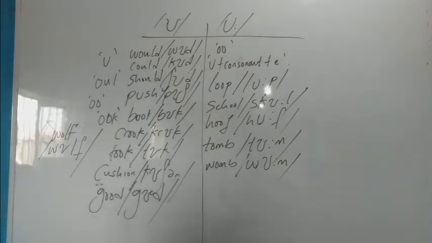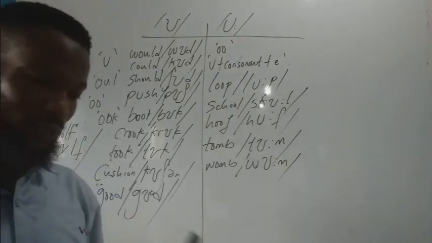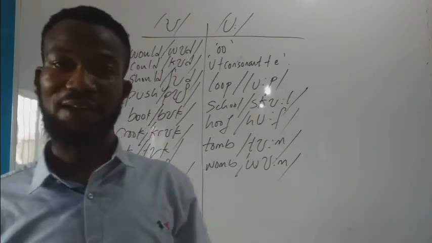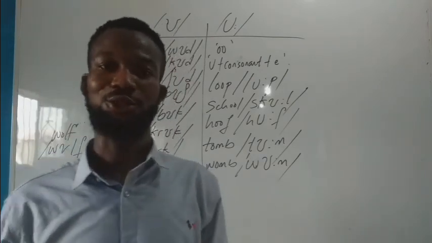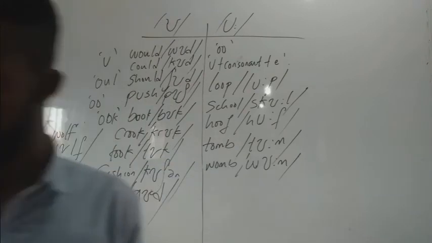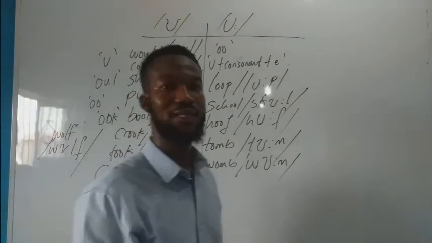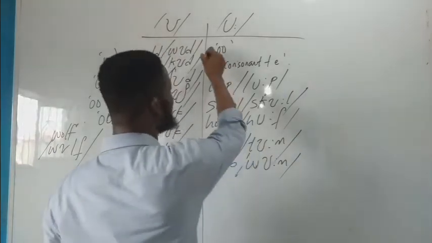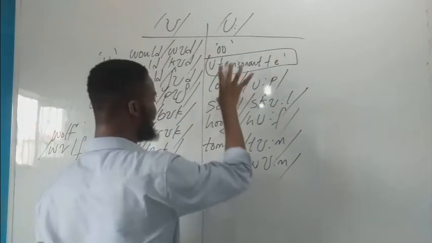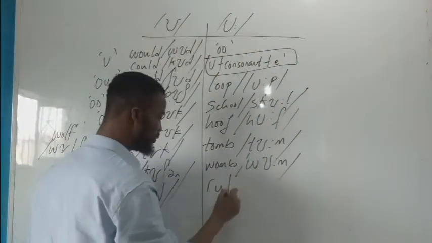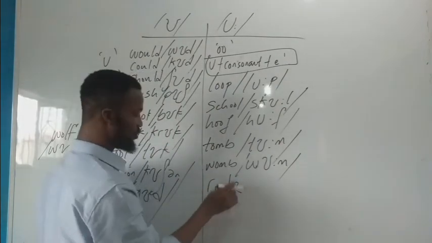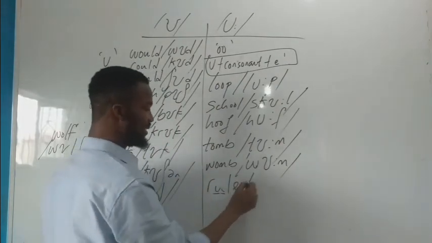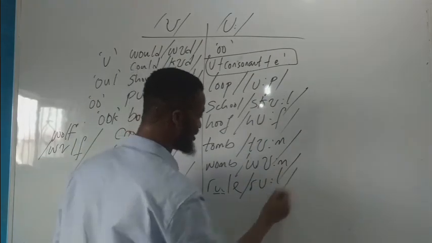When we look at a few questions, you'll be able to understand how to decipher between the long O and the short O sound. There is one part I never mentioned, the U consonant E. If you have R-U-L-E, look at this U, this is a consonant letter L and E. This would be a long sound.